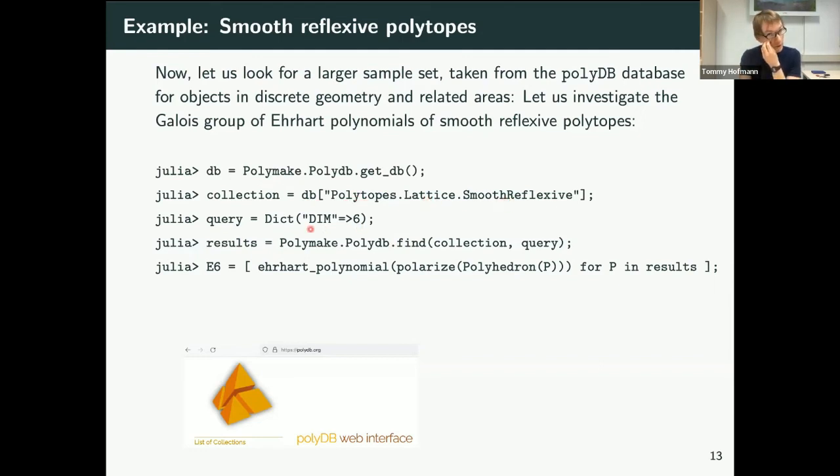And then we specify our restrictions, so dimension should be 6. And then we query the database. And for each polyhedron, we compute its Ehrhart polynomial. This will take quite a few minutes because there are over 7,000 such objects. So this is not yet Oscarified. There's still some polymake syntax here, but this will get better in the future.